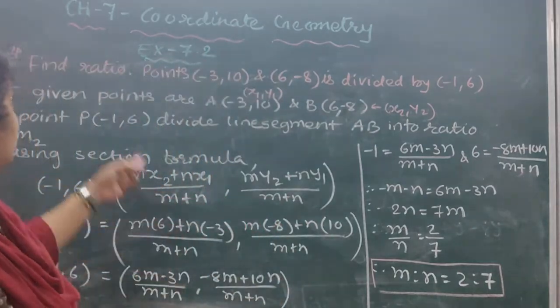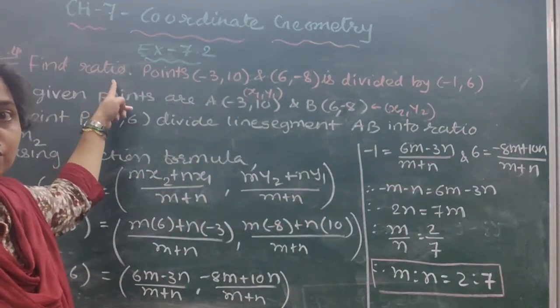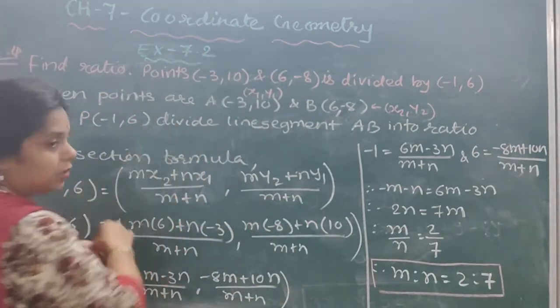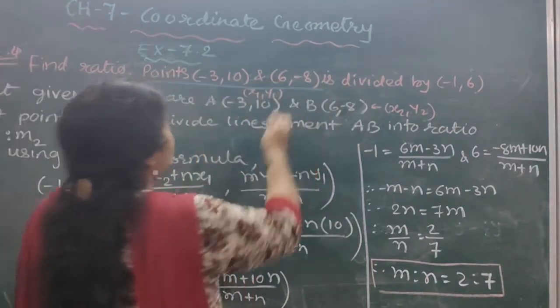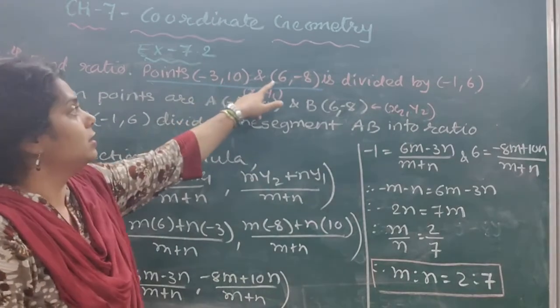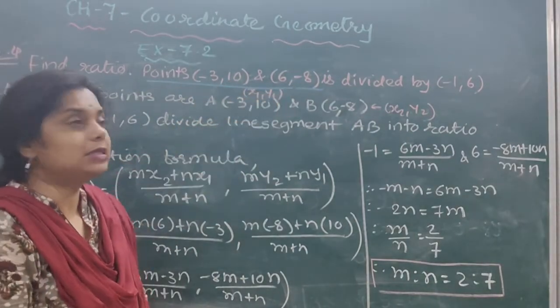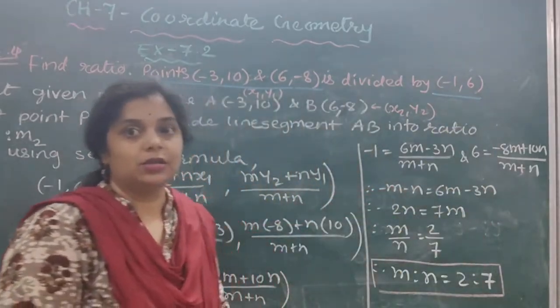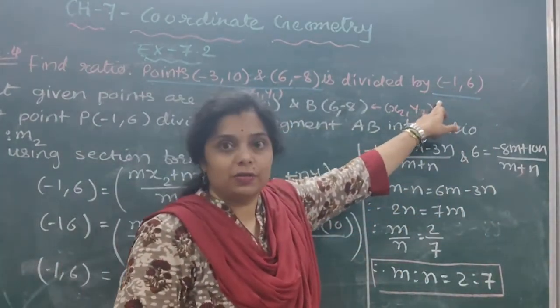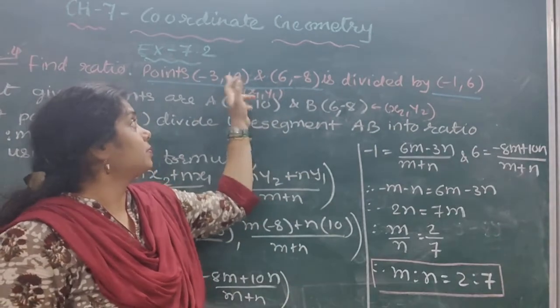So let's see. Here the question is to find the ratio. The endpoints of the line segment are given: minus 3, 10 and 6, minus 8, and it is divided by minus 1, 6. So this is the point which divides the line segment AB.